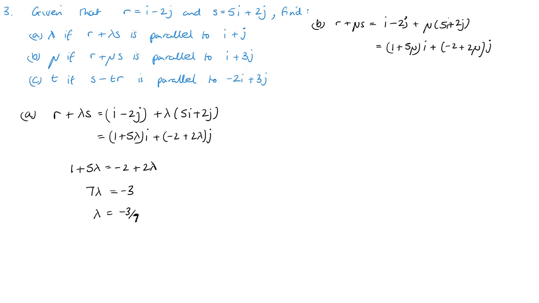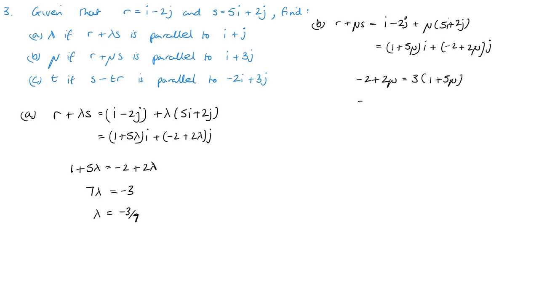Now this time we want it parallel to i plus 3j. So to get an equation that is equal, that is going to mean that the j, which is minus 2 plus 2 mu, is going to be equal to 3 times the i. Okay, to make this so that it's 1i and 3j, we've effectively got to times the i by 3 to equal the j to make them actually equal for an equation.